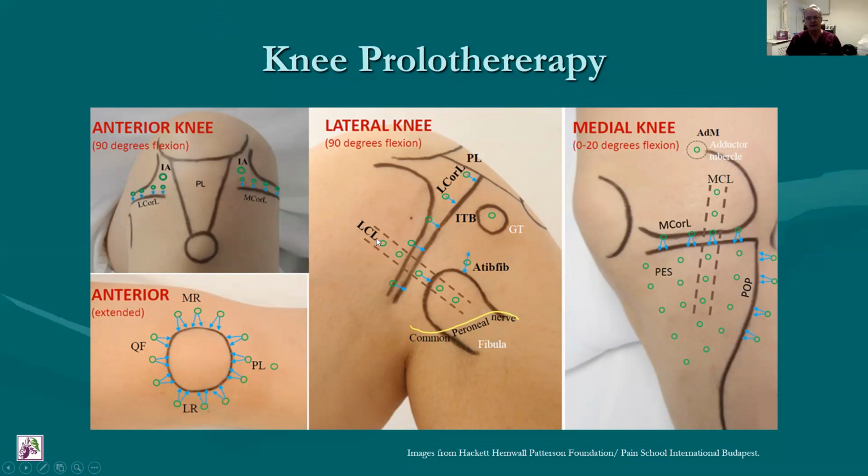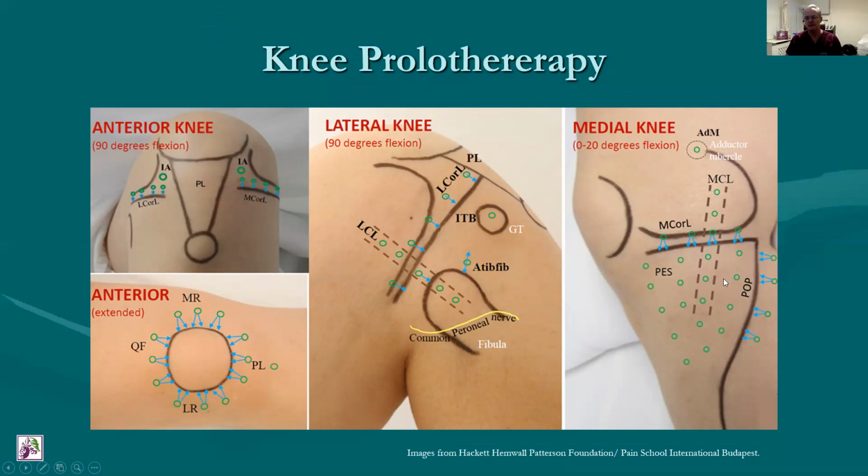Then we've got the lateral side of the knee, where the injection can be made along the lateral collateral ligament from origin to insertion, the anterior proximal tib fib joint, and then the coronary ligaments, along with Gerdy's tubercle at the insertion of the iliotibial band.